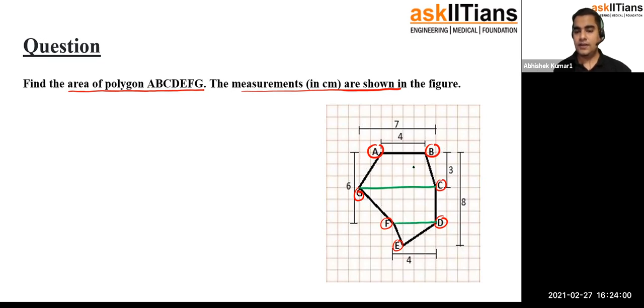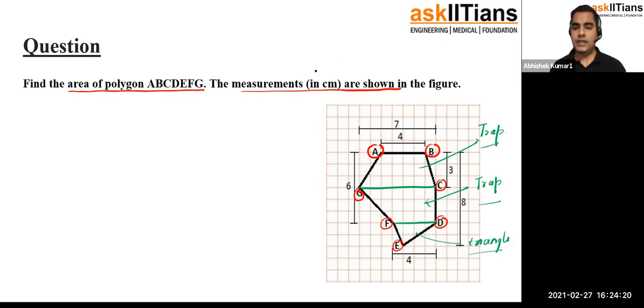So this figure is a trapezium, I'm mentioning here. This figure is also going to act as a trapezium. And this figure is very clear, this one is a triangle. Clear? And we know how to find out the area of a trapezium and how to find out the area of a triangle. We already know all this.